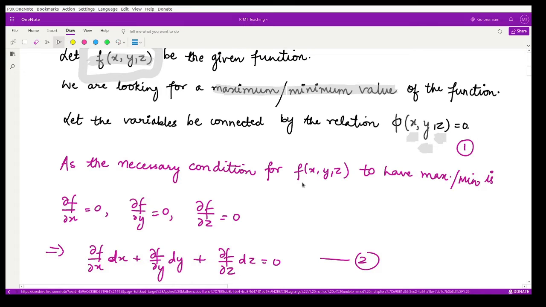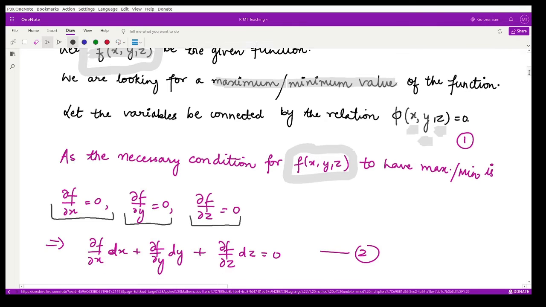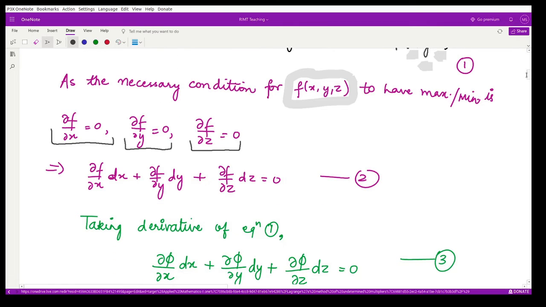So what is the necessary condition for this function f of x, y, z to have maximum or minimum? The condition is that its first derivative should be equal to 0. This we already know is the necessary condition for this function to have a maximum or minimum value.